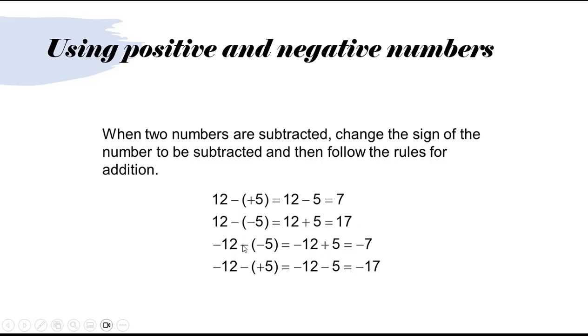Again, if we have negative 12 minus negative 5, the two negatives cancel, we get positive. So we have negative 12 plus 5 gives us negative 7. And then if it's negative 12 minus positive 5, then that's the same thing as saying negative 12 minus 5, which equals negative 17. All right.